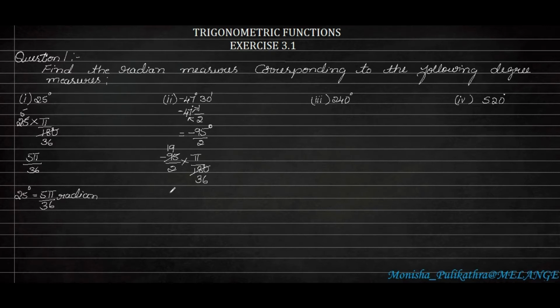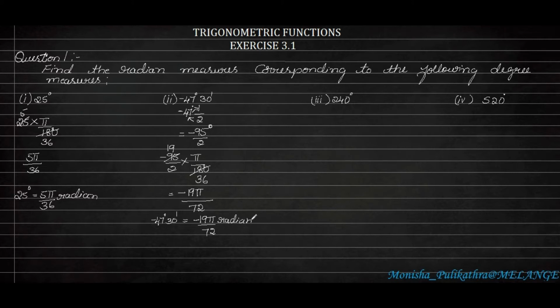So the remaining is minus 19 pi by 2 into 36. 2 into 36 is 72. Therefore minus 47 degree 30 minutes is equal to minus 19 pi by 72 radian.